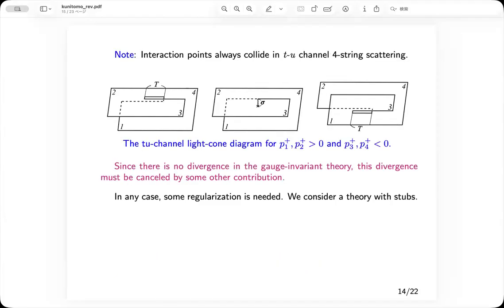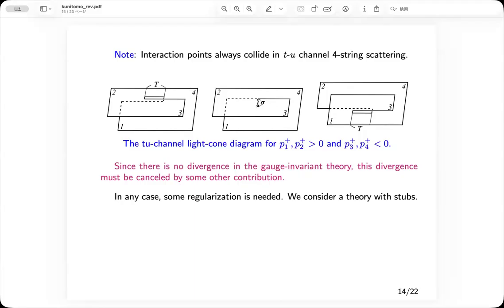Here, I must note that the interaction point always collides in the TU channel of four-string scattering. In the S channel or ST channel diagram, the interaction points do not collide, except in a special case. But in the TU channel scattering, string 2 splits into 3 and an intermediate state, and the intermediate state joins string 1 and then makes 4.